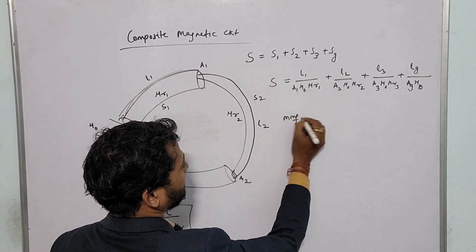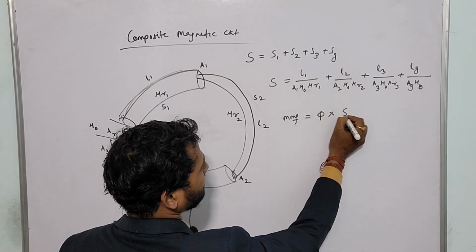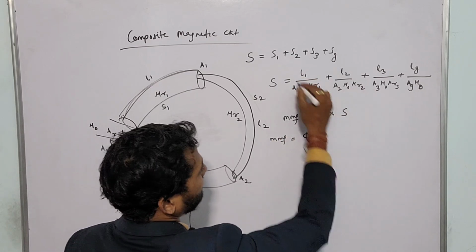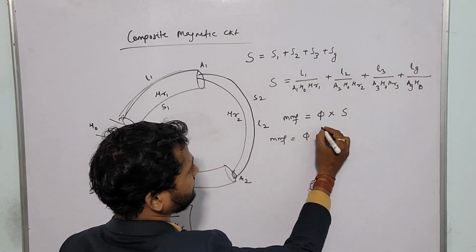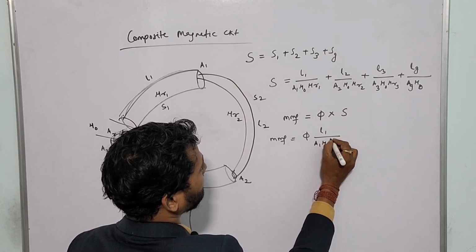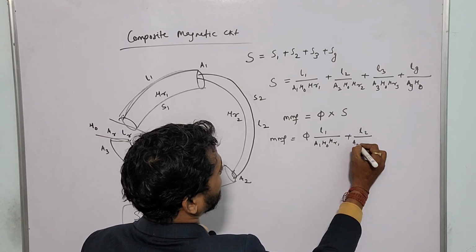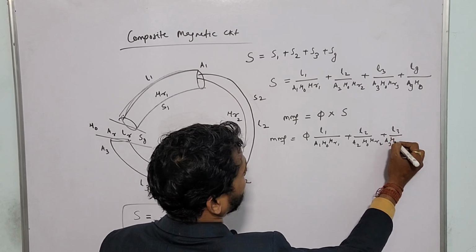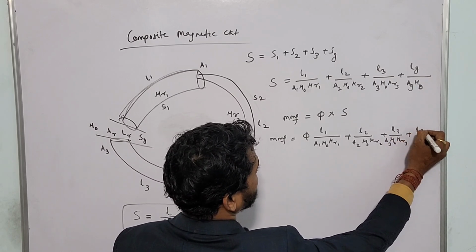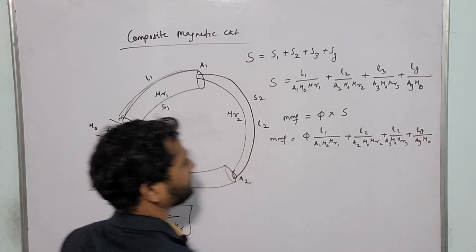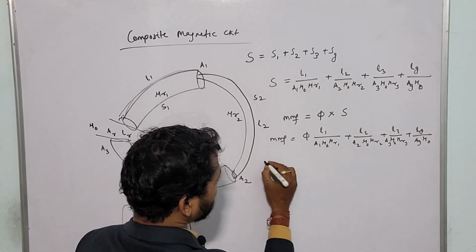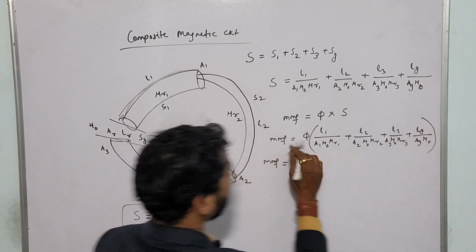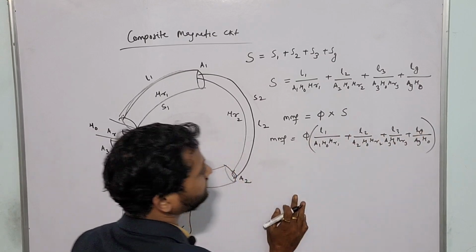So एमएमएफ क्या है? एमएमएफ इज नथिंग बट मैग्नेटिक फ्लक्स इनटू टोटल रिलक्टेंस. So मतलब एमएमएफ will be equal to phi, you can put this expression here. So it will be L1 upon A1 mu naught mu R1 plus L2 upon A2 mu naught mu R2 plus L3 upon A3 mu naught mu R3 plus Lg upon Ag mu naught. ठीक है, okay, so ये हो गया टोटल mmf, ठीक है, इसको अभी मल्टीप्लाई कर दो.